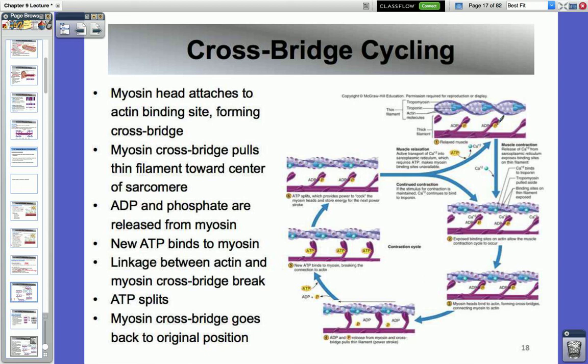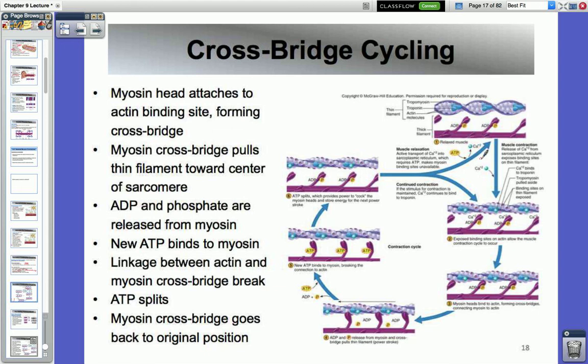What I like to think about myosin is that myosin always has to have something attached to it. It wants to be with actin, but it always has to have something attached to it. And if it has actin, then it doesn't need anything else. But right now, it doesn't have actin.